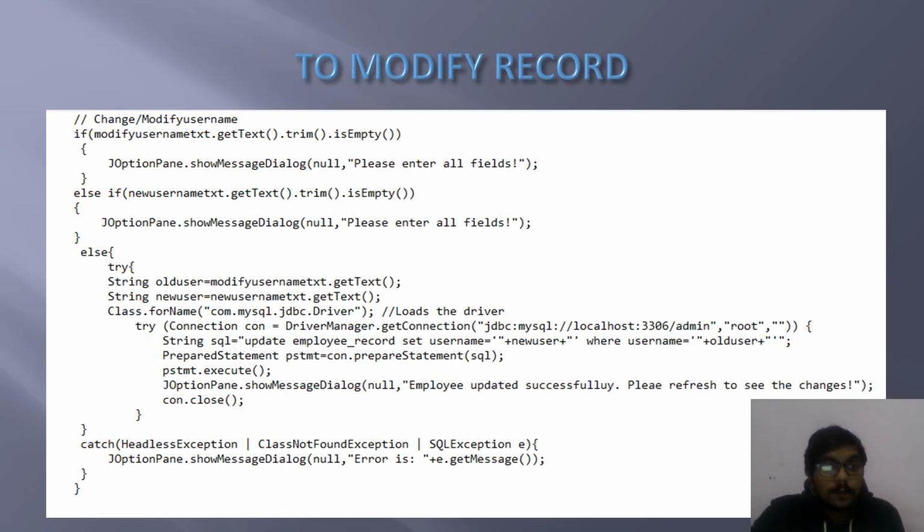This is a similar bunch of code to modify the record in the modify username, meaning the administrator needs to modify the username of the employee for security reasons, and then he or she can easily do it. So here is the code that I have used.